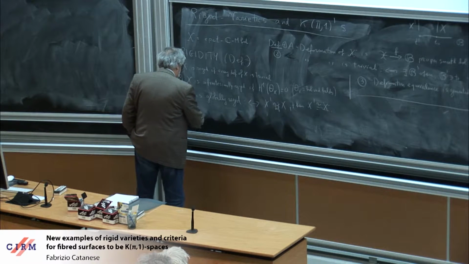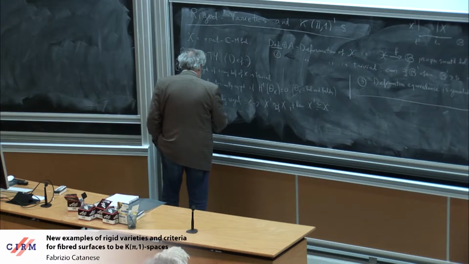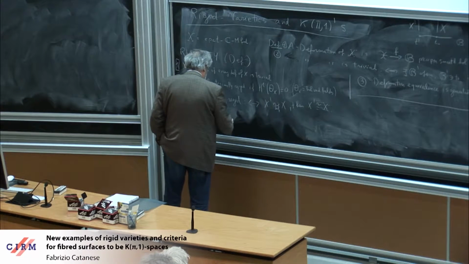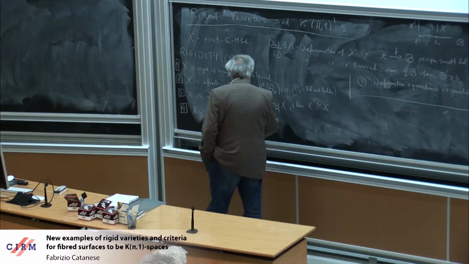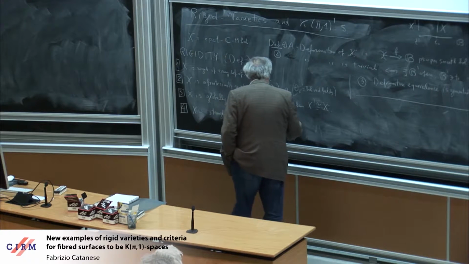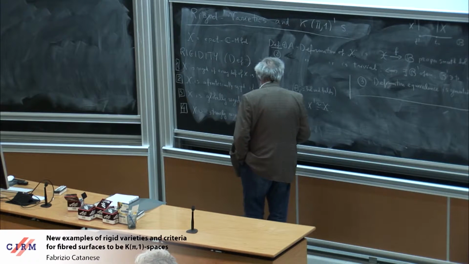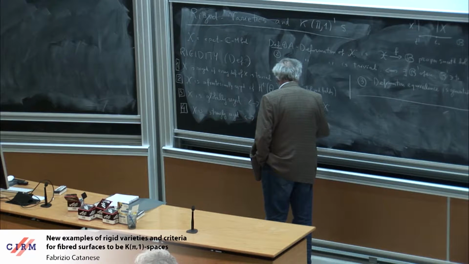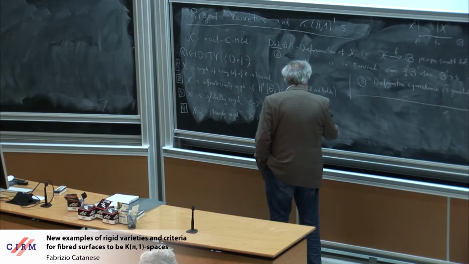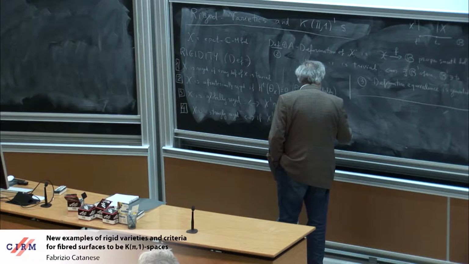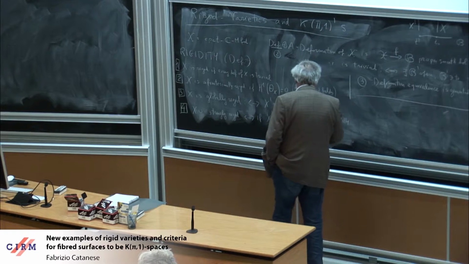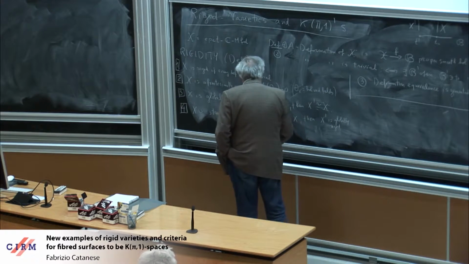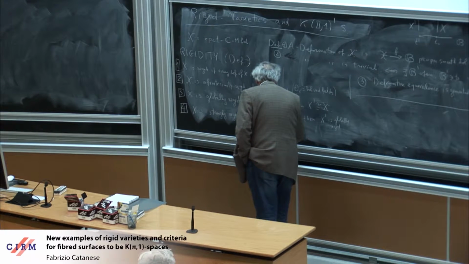I say that X is strongly rigid if, whenever X prime is homotopically equivalent to X, then X prime is globally rigid and belongs to a finite number of isomorphism classes.